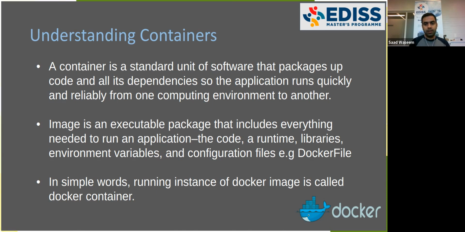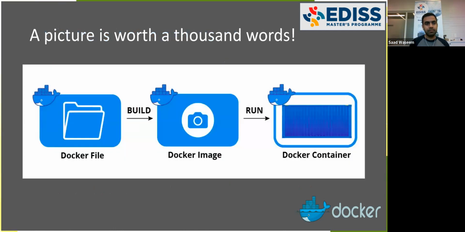So when we need to develop our container, we first need to write the configuration, and that configuration is part of the file that is called a Dockerfile for Docker containers. Once the file is compiled, you get an executable package, and that executable package is redistributable. And how that redistribution is done is something that we will be covering throughout the session.